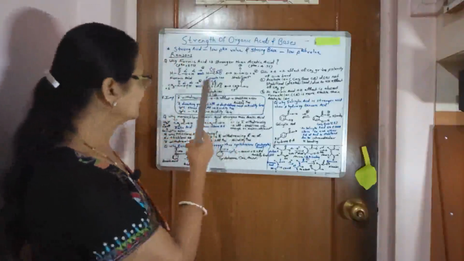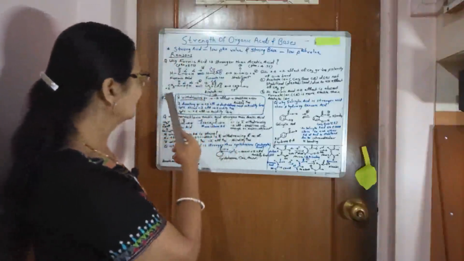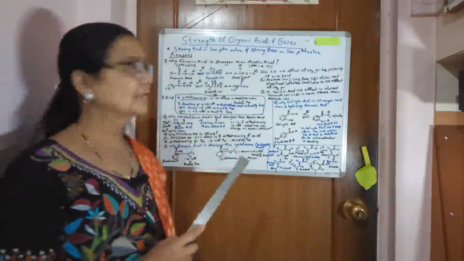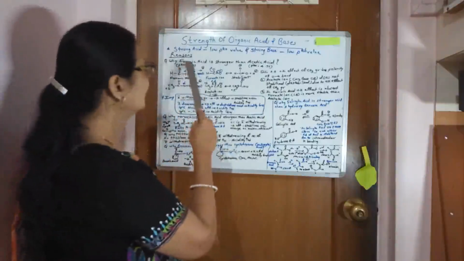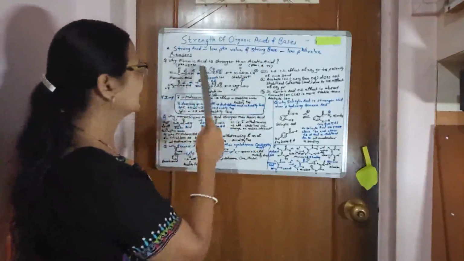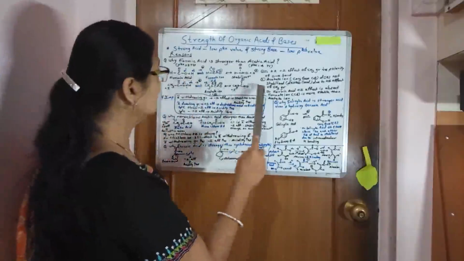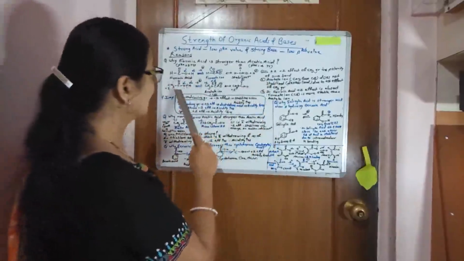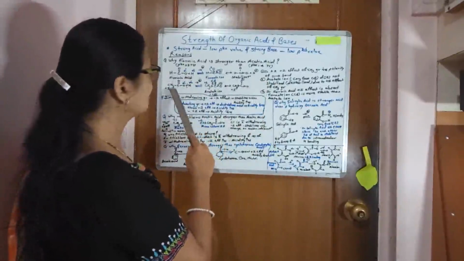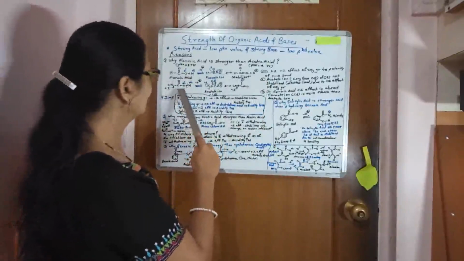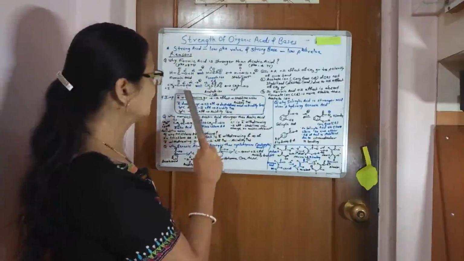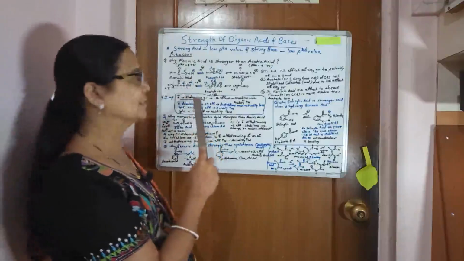Now, we can say here about the methyl group. In this case, we will revise: formic acid is stronger than acetic acid, because whenever we consider acetic acid, the methyl group shows the plus I effect. Due to this plus I effect, the polarity of the OH bond will decrease.